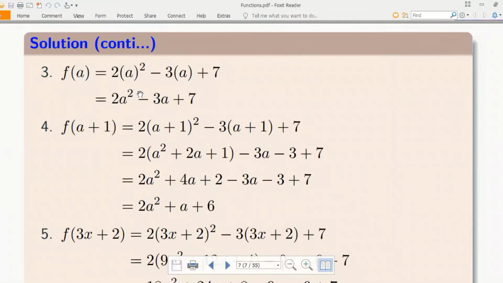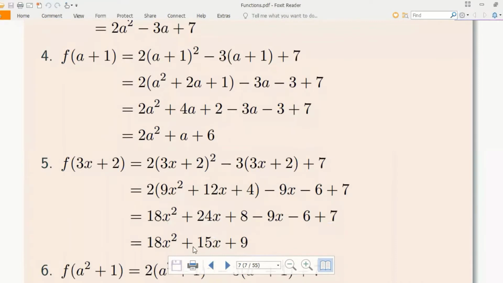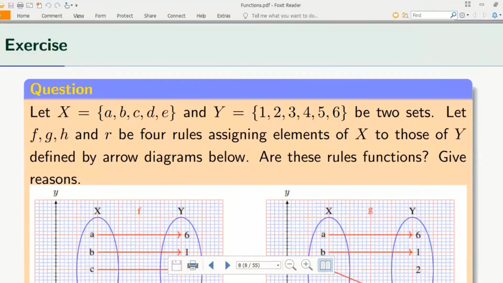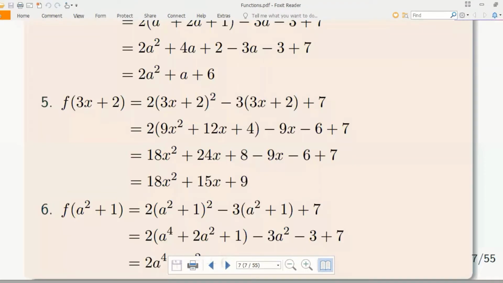So when I did this, see what I got. Even number 5 is here. Go through it at your own time and see whether you get what I got. That's number 6. You can have those answers.